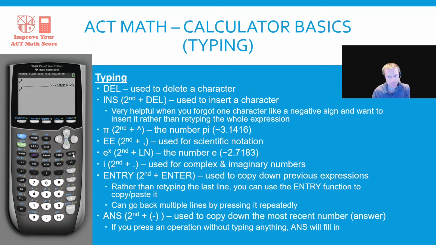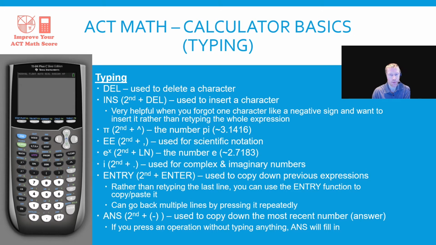The last basic function that I'd like to talk about and spend some time looking at is ANS, which basically refers to answer. The way you access it is you hit second and then the minus key at the bottom, basically between the period and enter. What it does is it copies down the most recent number or answer from the last line.